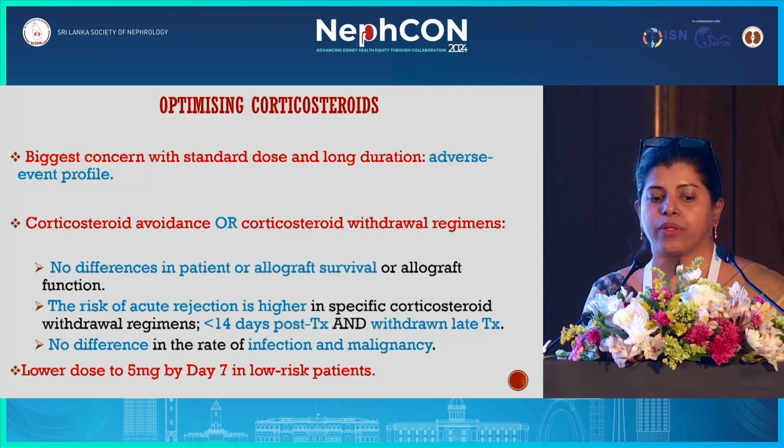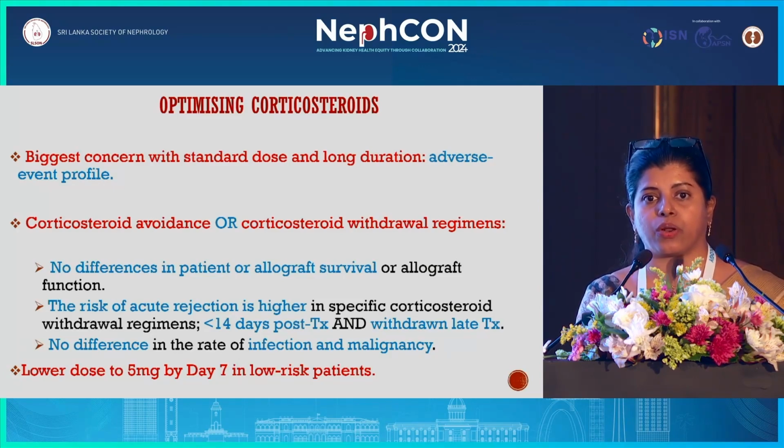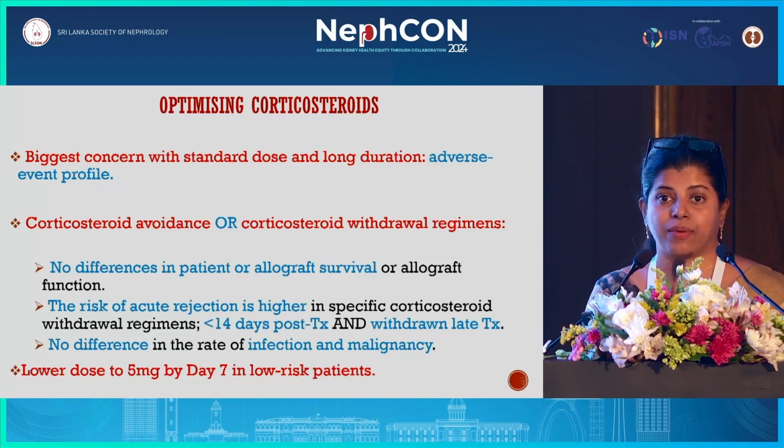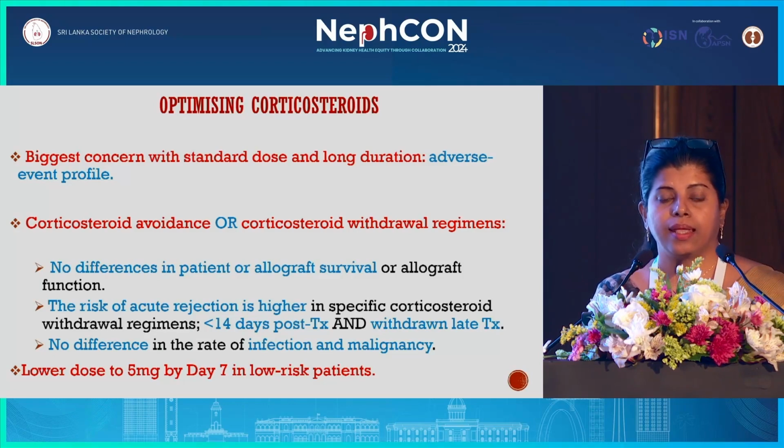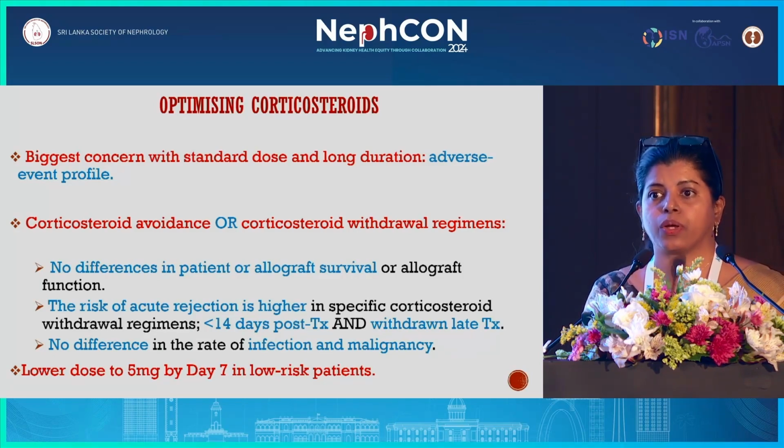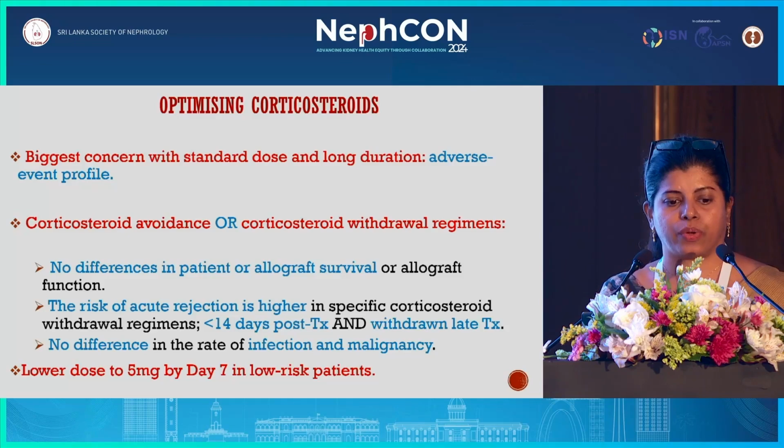Overall, there's no differences in patient or allograft survival or function, but the risk of acute rejection is higher, especially when the corticosteroid is withdrawn for less than 14 days post-transplant or in the late post-transplant period. There's been no significant difference in the rate of infection and malignancy. So now the recent trend is to lower the dose of prednisolone as quickly as by day 7 to 5 milligrams in low-risk patients rather than complete avoidance or withdrawal.